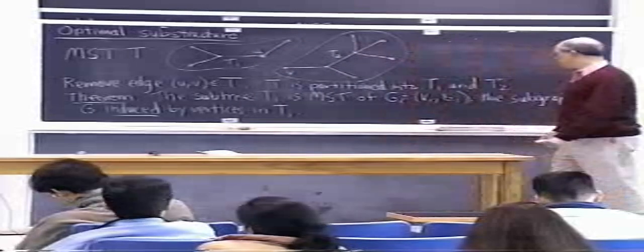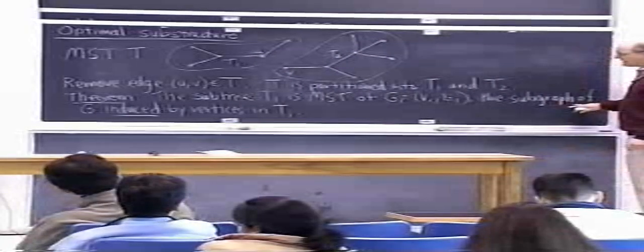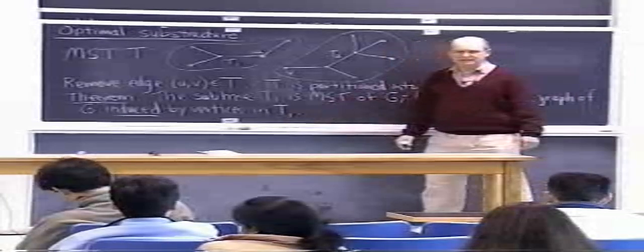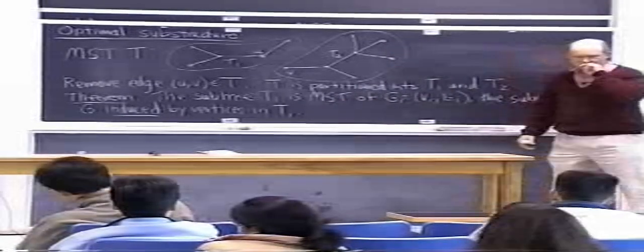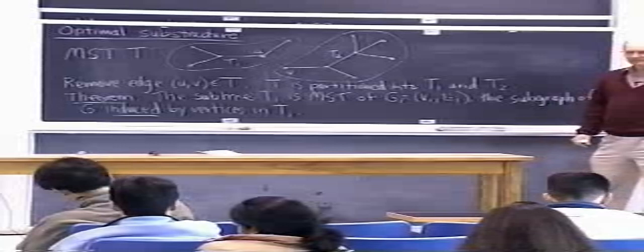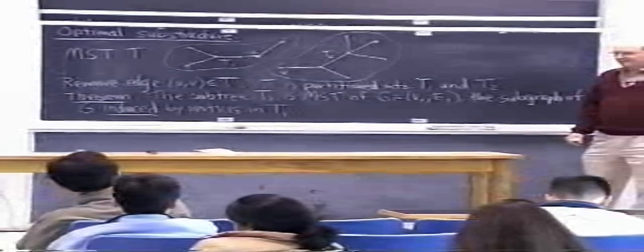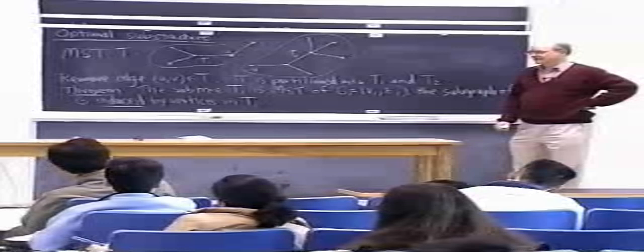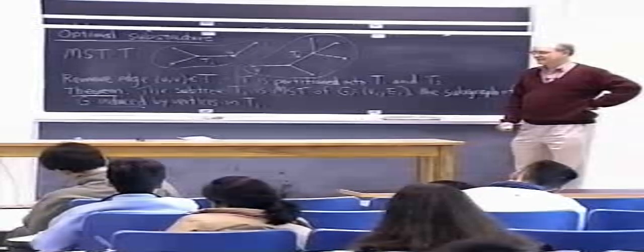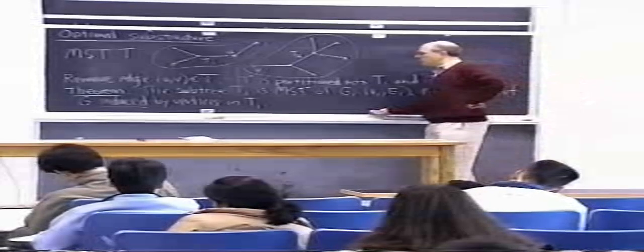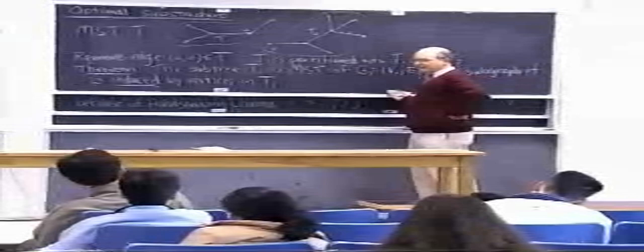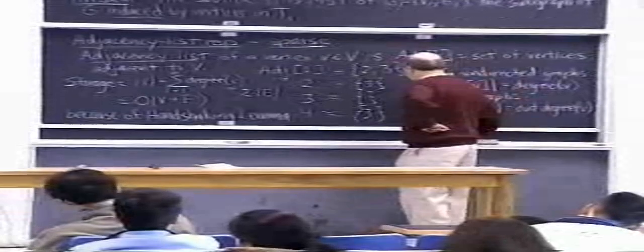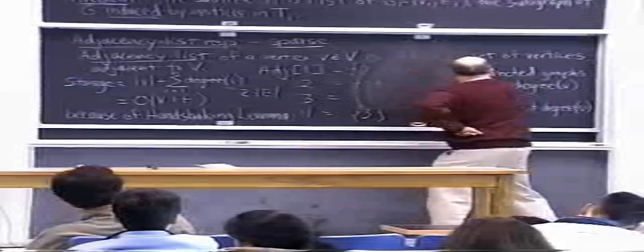Okay? So what do I mean by the subgraph of G induced by the vertices in T1? What does that mean? Right, exactly. You just take all of the edges of G where both endpoints are vertices in T1.